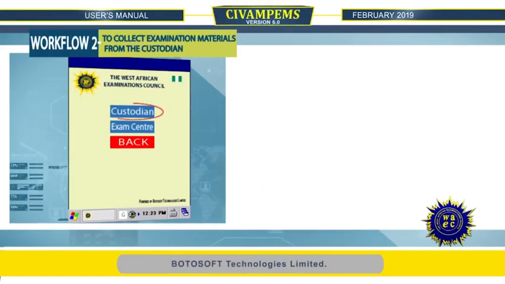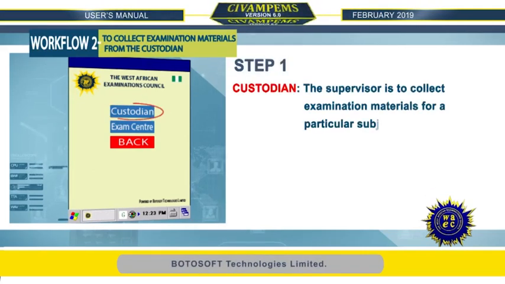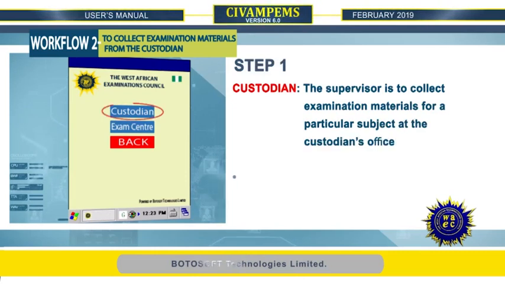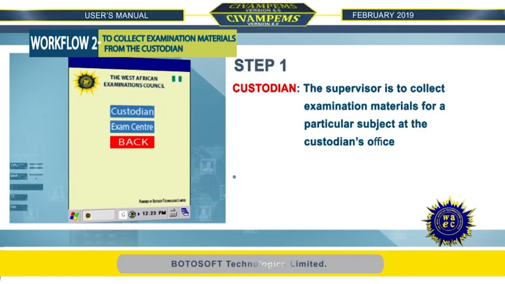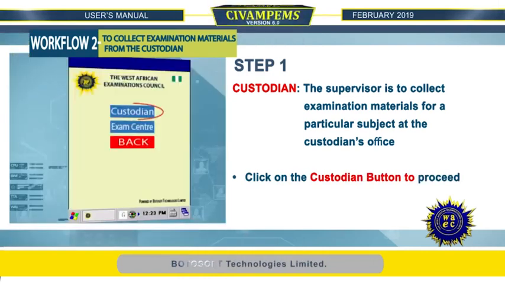Workflow 2, to collect examination materials from the custodian. Step 1. Custodian. The supervisor is to collect examination materials for a particular subject at the custodian's office. Click on the Custodian button to proceed.